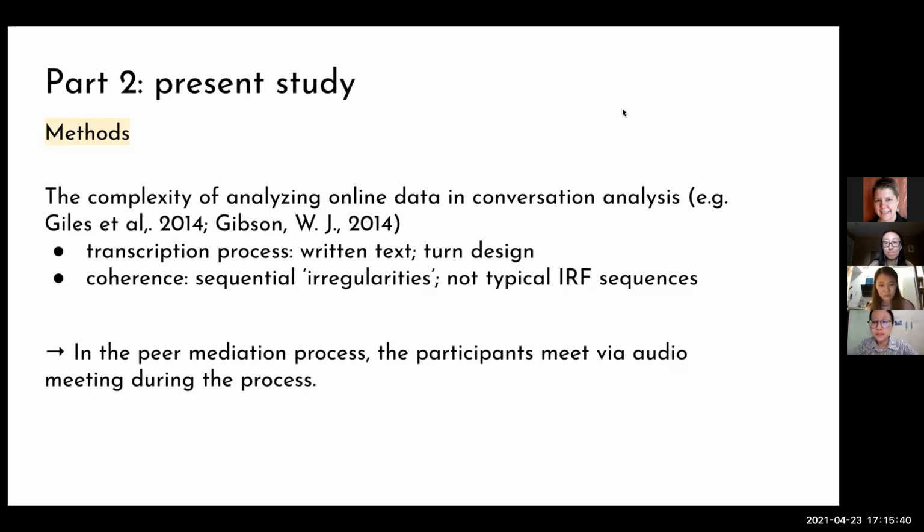The second one is about cohesion, because sequences are very important in CA, and studies find that in online interaction, there might be some sequential irregularity, and there might be not typical initiation, response, and feedback sequences.